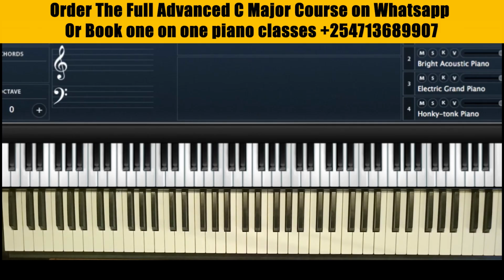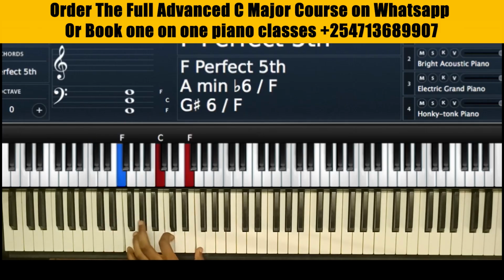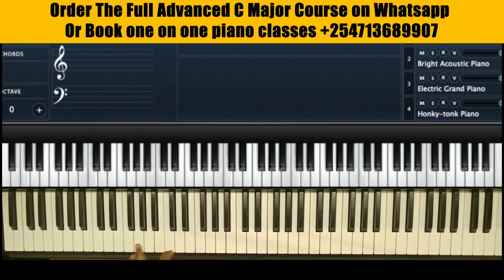So you might want to consider changing your mentality about your left hand voicings. They don't have to be this. You don't have to play that all the time. It will really help you when you are voicing these augmented chords on your right hand.